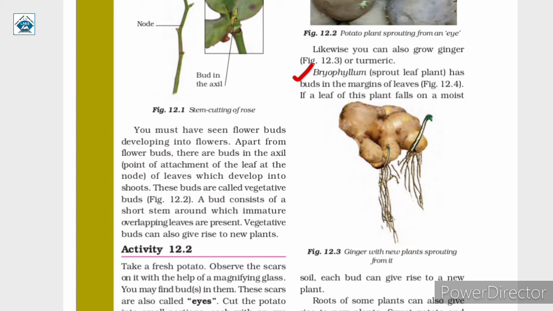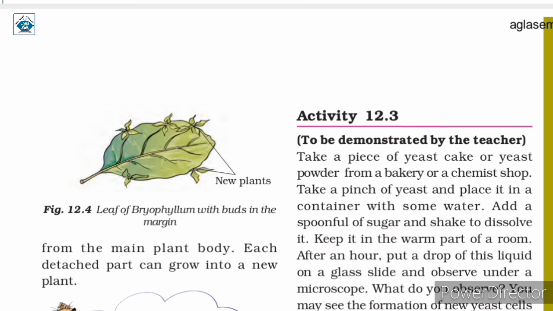The Bryophyllum sprout-leaf plant has buds in the margins of leaves as shown in figure 12.4. If a leaf of this plant falls on moist soil, each bud can give rise to a new plant. In figure 12.4, we are given the diagram of a leaf of Bryophyllum with buds in the margin.